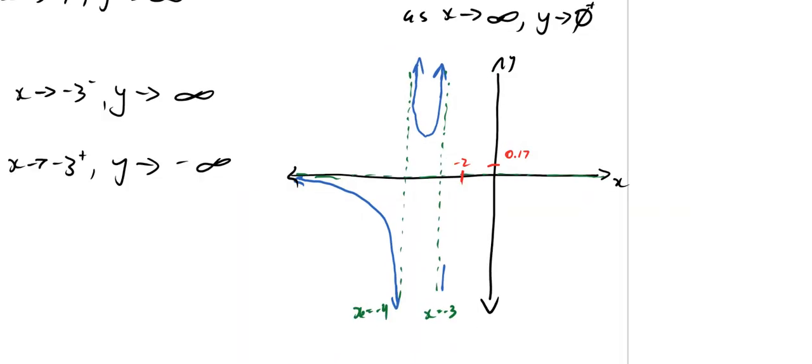Here's something that's interesting, though. As x goes to positive infinity, y approaches 0 from above. But look at how that matches our intercepts. Our y-intercept, like we're starting down here, right? But our y-intercept is above the asymptote. I'm not approaching that asymptote from below.